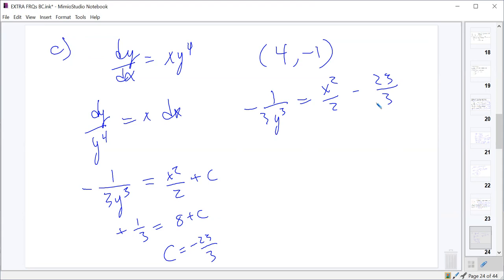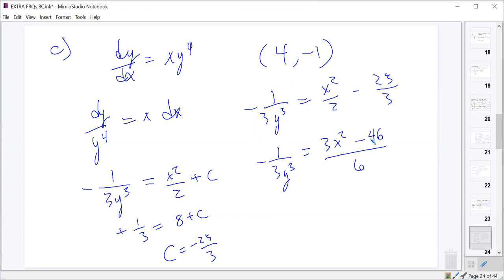And then we solve. You can choose however you wish. You can either get a common denominator or not. If you don't get a common denominator, to take your reciprocal here, you just have to write it as 1 over this whole thing. Personally, I prefer to get a common denominator. So I'm going to write this as negative 1 over 3y cubed equals 3x squared over 6 minus 46 over 6.